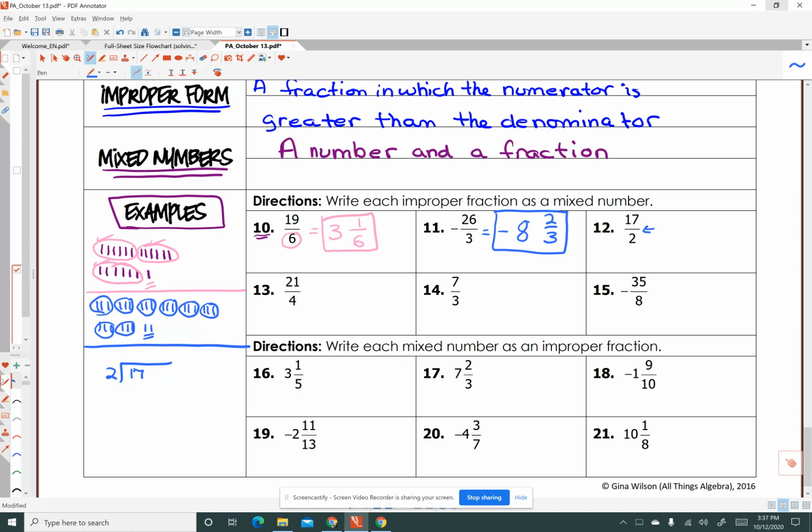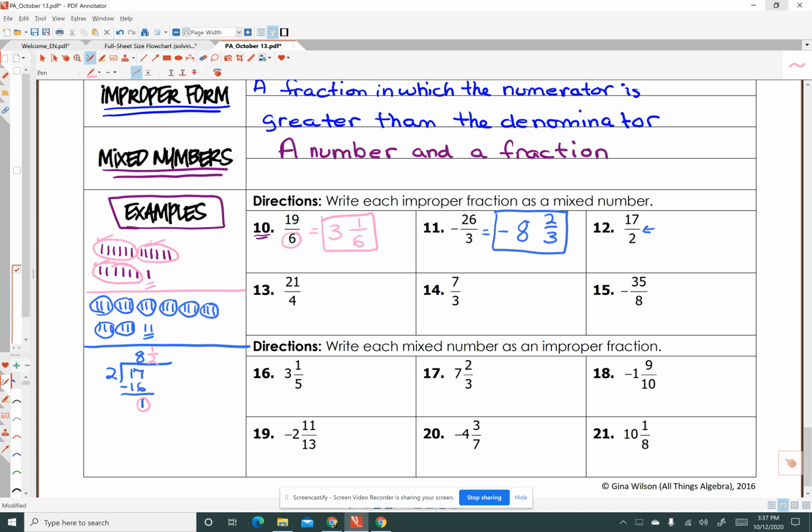Well, I know 2 times 8 is 16. So remember, divide, multiply, subtract, bring down. So 17 take away 16 is 1. So what we have here is a remainder of 1. So we have 8 and 1/2.